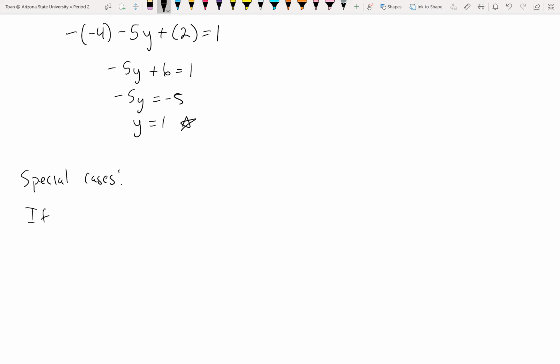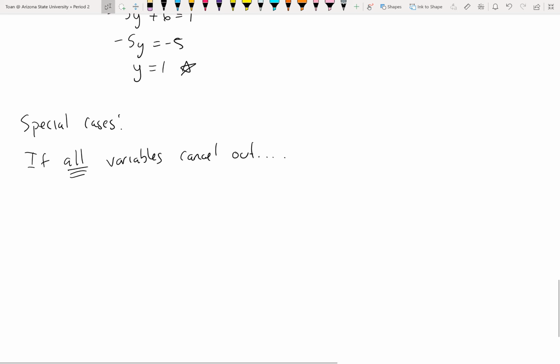If at any point in time you're solving, if all variables cancel out, right, it doesn't matter if it's on step 1 or step 5. If at any time all your variables cancel out, you can stop.